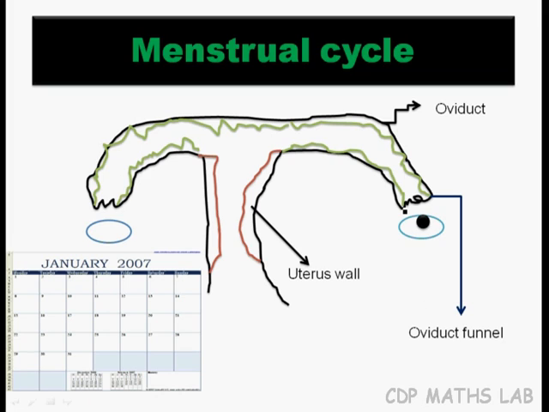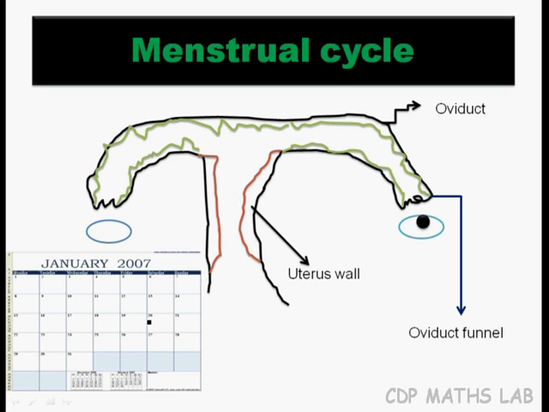And that is the part of the female reproductive system that receives the released egg. Now, this area right here is called the uterus wall. All right? And of course, you know that this oval shape represents the what? Ovary.